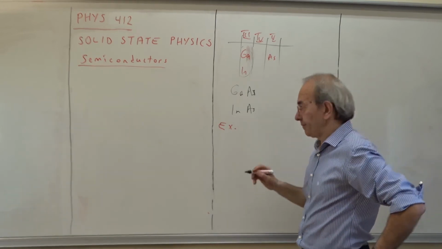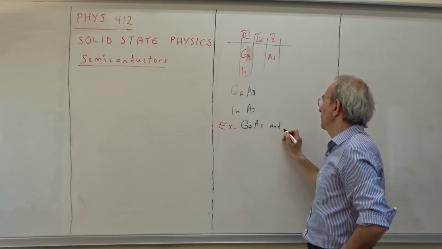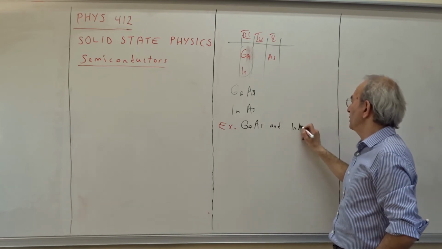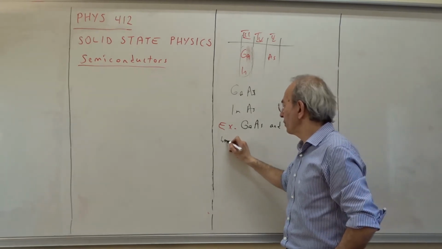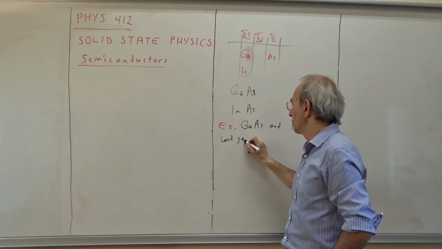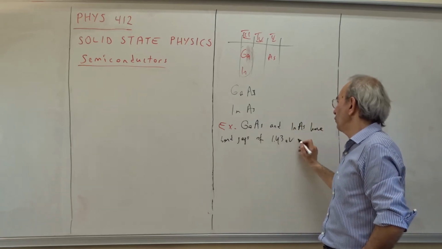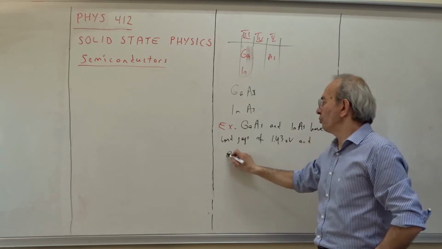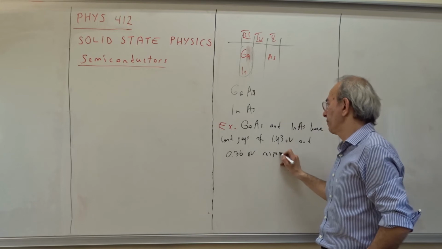Gallium arsenide and indium arsenide have band gaps of 1.43 electron volts and 0.36 electron volts respectively.